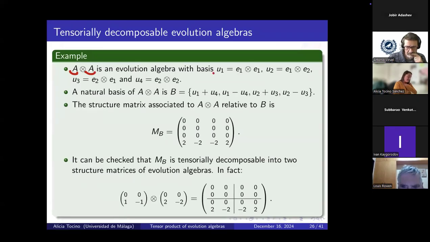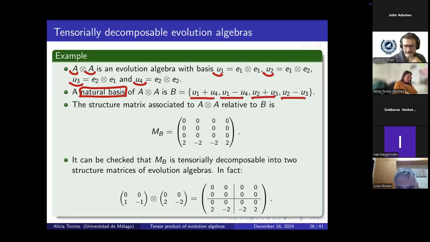with the basis defined in a natural way with this multiplication. But we can find a natural basis, and the natural basis is defined in terms of the basis U1, U2, U3, and U4. And this is a natural basis.